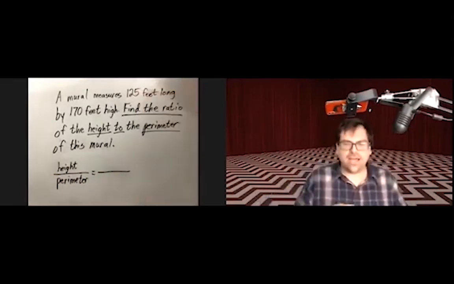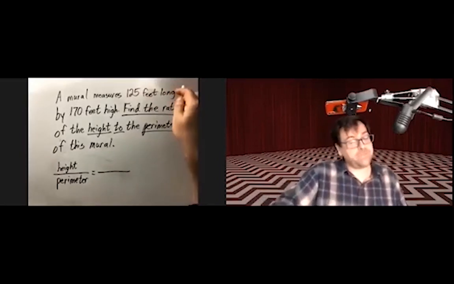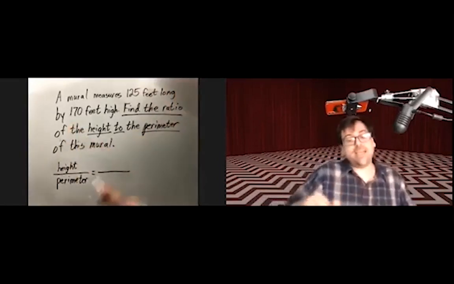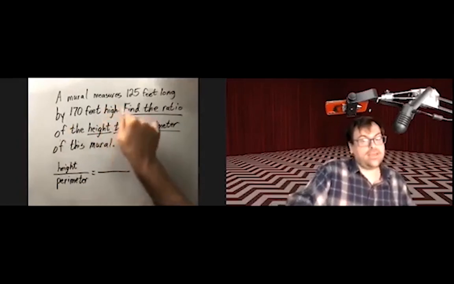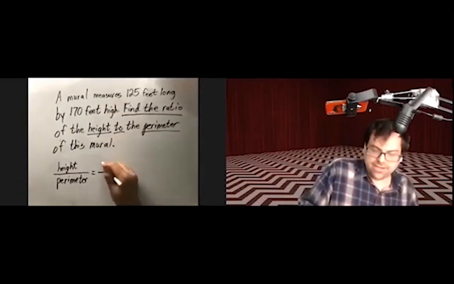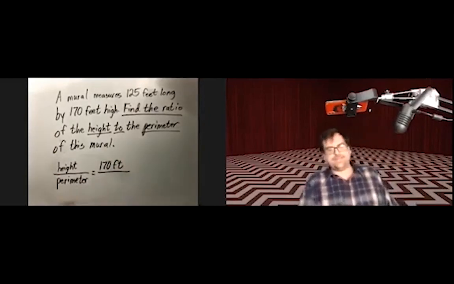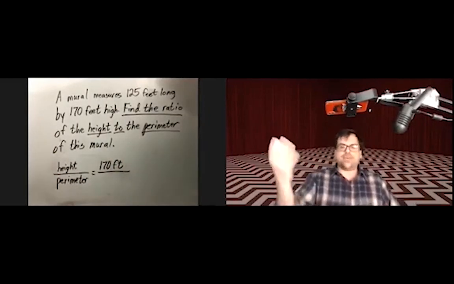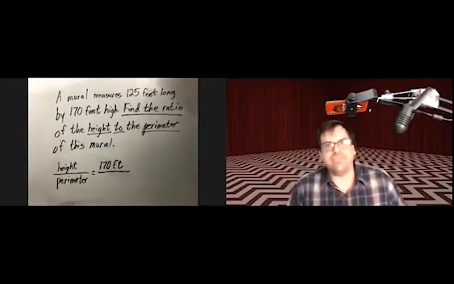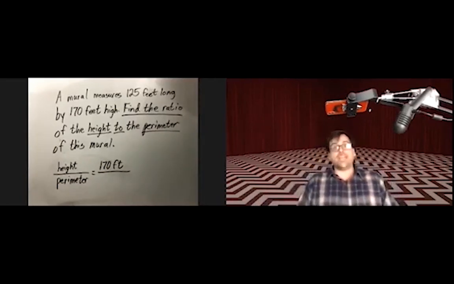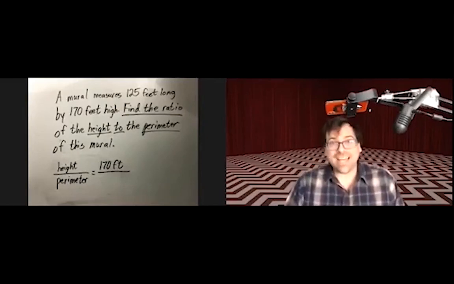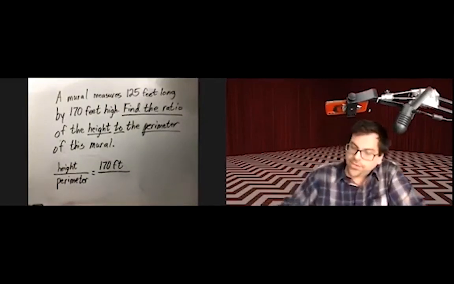Is it the 125 long, or is it the 170 high? It's the 170, 170 feet. Put your units in. Okay, so what's the perimeter? Is it the 125? Nope, that's the length. They don't give us the perimeter. We need to find it. And we can do this.